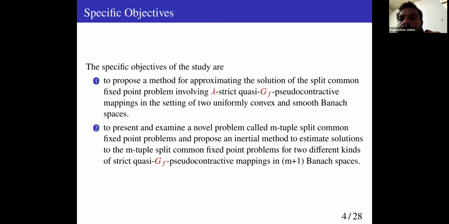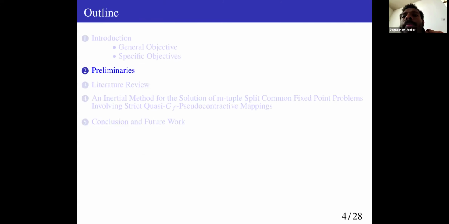The second one is to present and examine a novel problem called M-tuple split common fixed point problems, and we propose an inertial method to estimate solutions to this problem for two different kinds of strict quasi-JF pseudo-contractive mappings in the setting of M plus one number of Banach spaces.